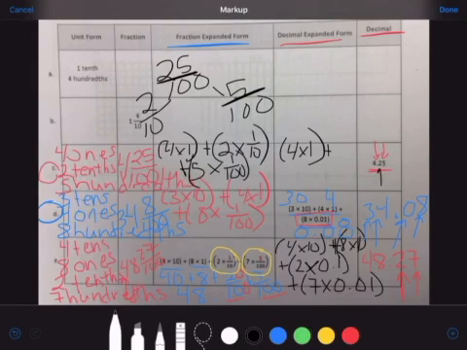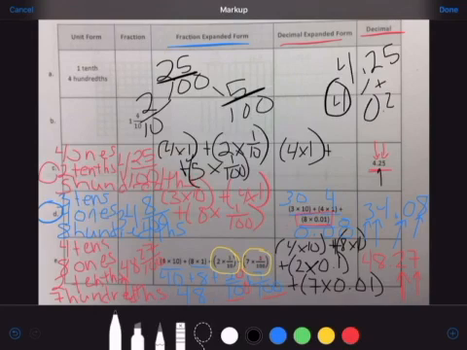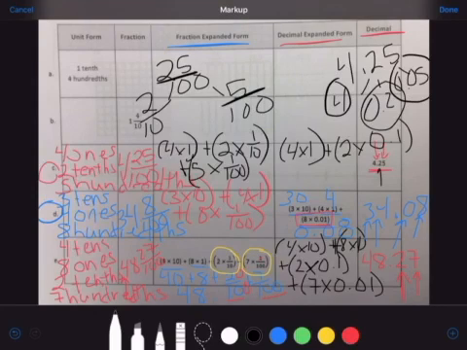Whereas over here, you need to know that 4.25 can be decomposed as 4 and then 2/10 and then 5 hundredths. So in my expanded form here, my next parenthesis is going to be 2 times and then my tenths plus parentheses 5 times, and then that would be hundredths, like that.